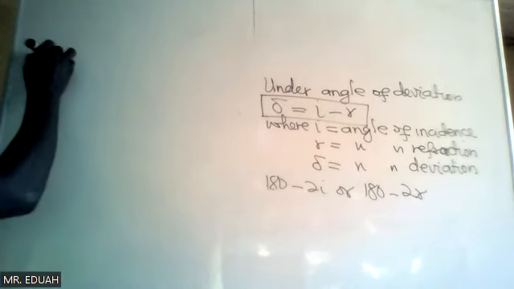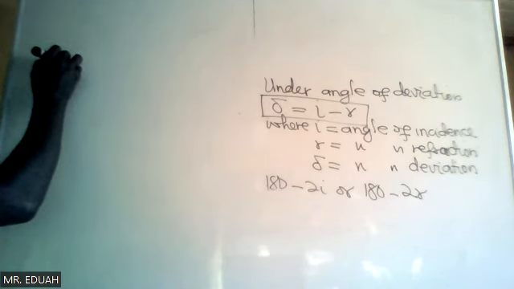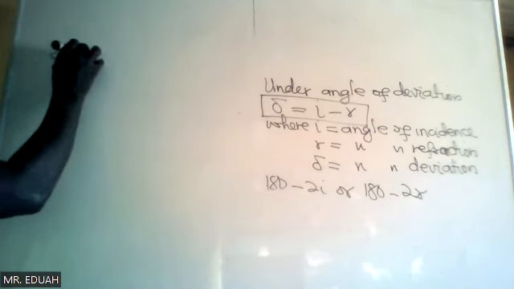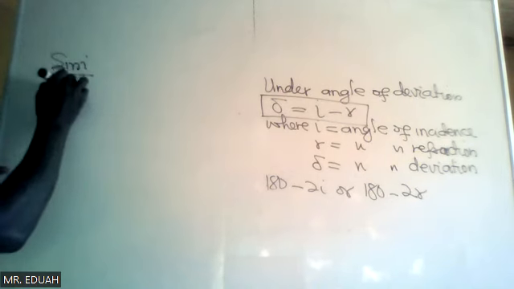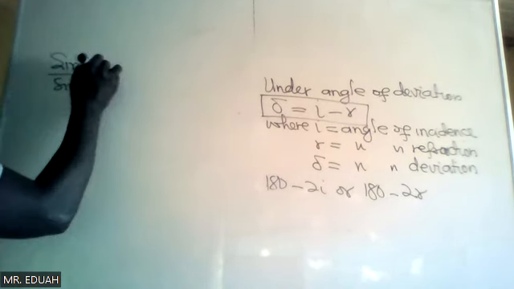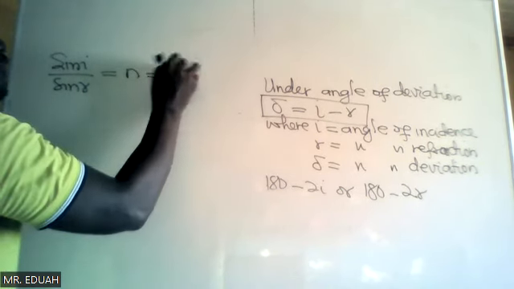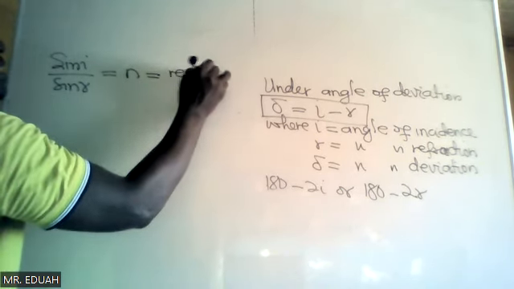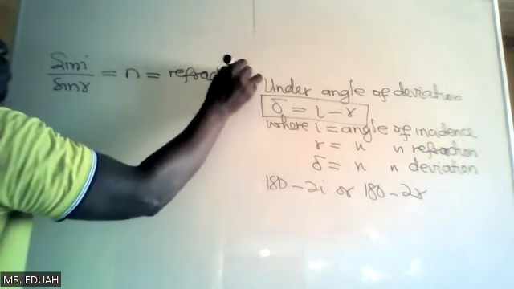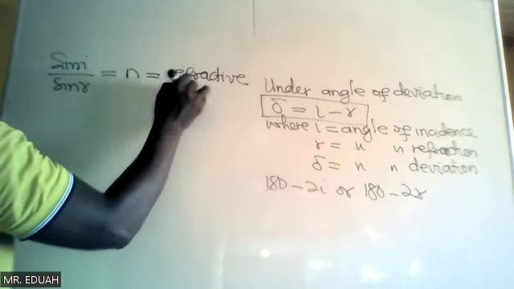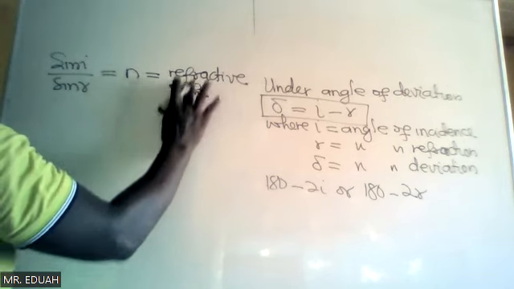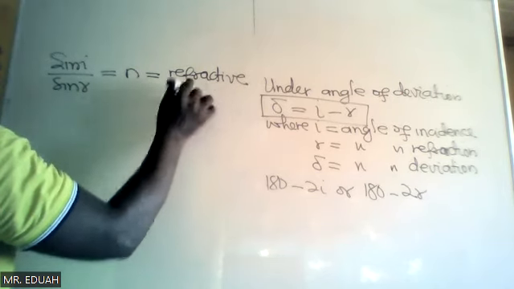This constant, sine I on sine R, this constant N is what we call the refractive index of the material.